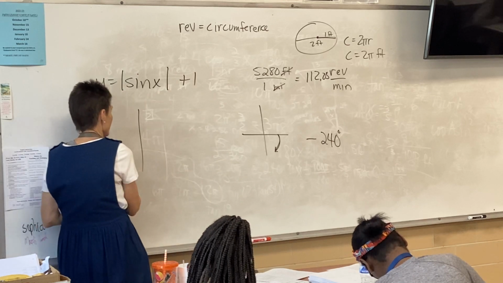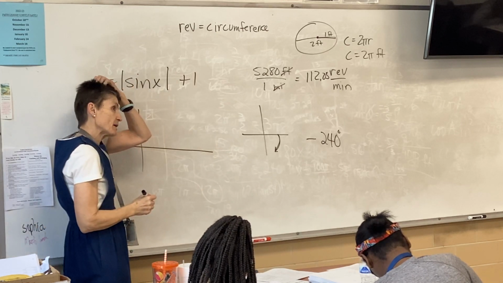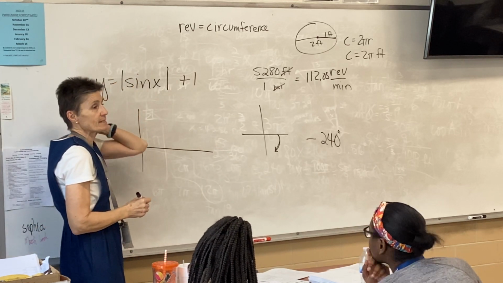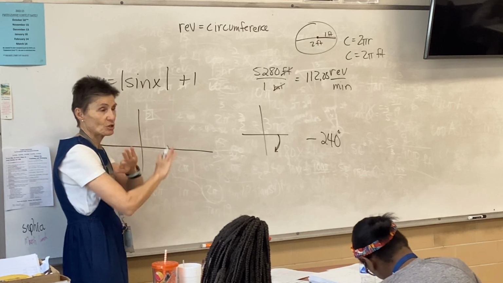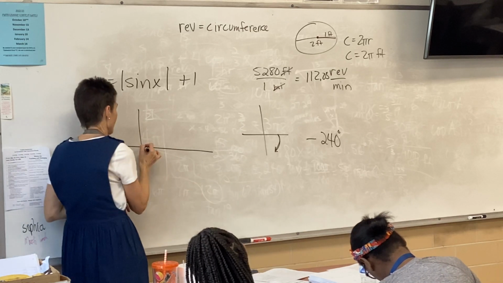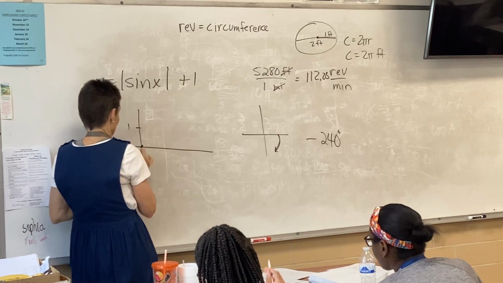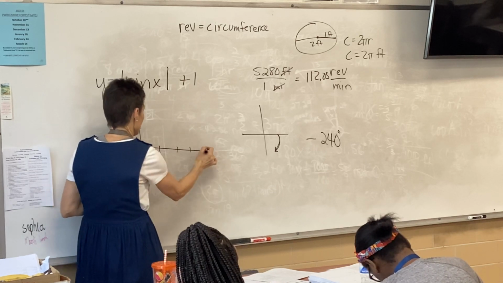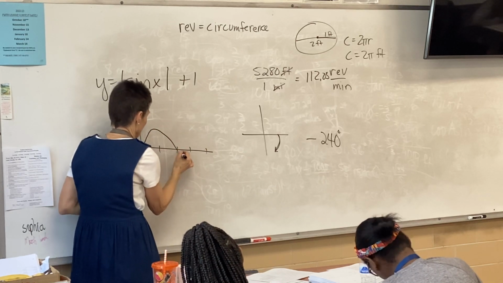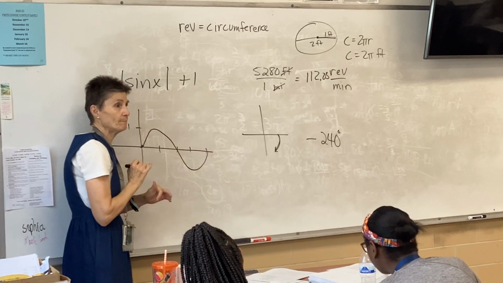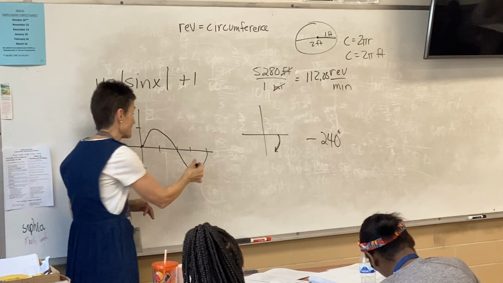All right, so let's stop for a second and think about what a sine curve looks like. Just a straight, regular sine curve. Starts here. That's it, right? And that's 2 pi.